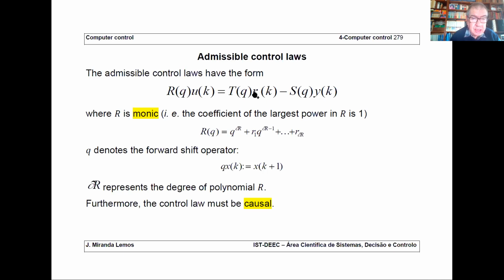Don't get confused with this reference signal and the coefficients of R. Again, I think it will be clear from the context from now on. Minus, and this minus is just a matter of convenience, S of Q, another polynomial filtering the output.